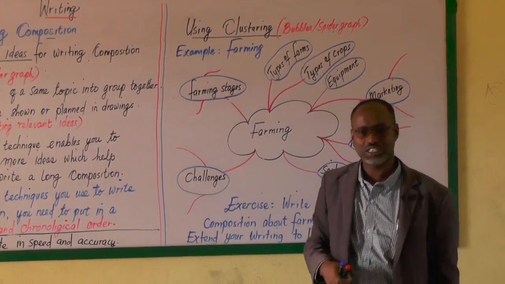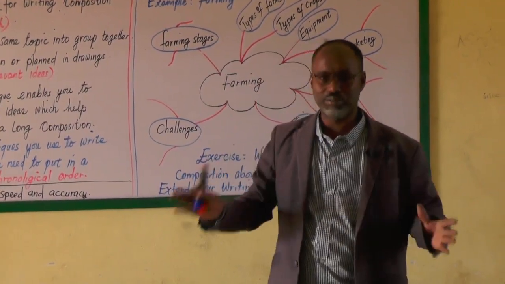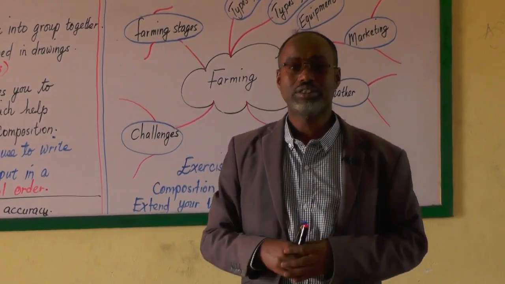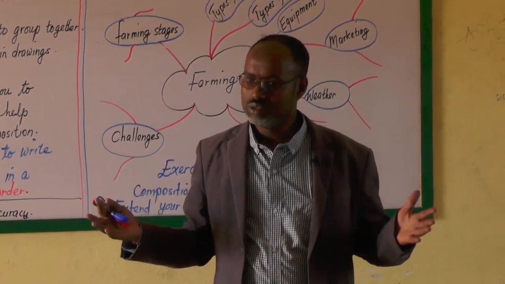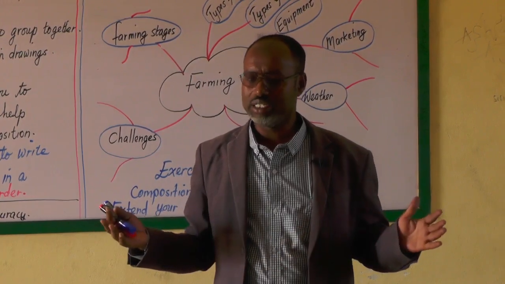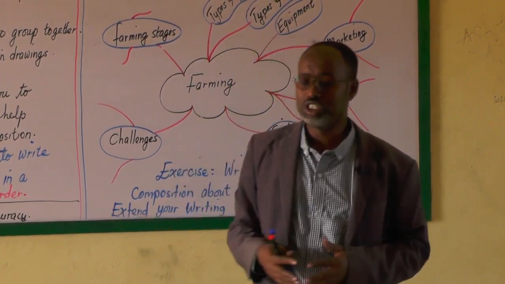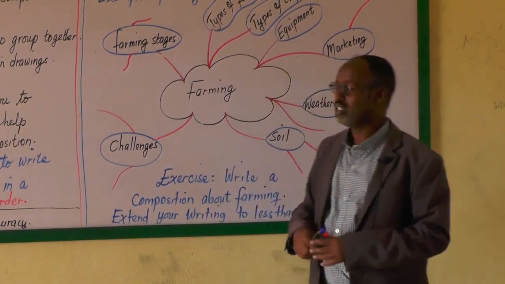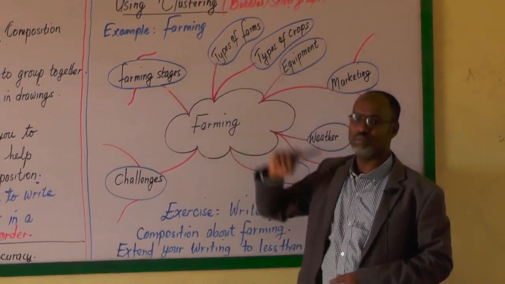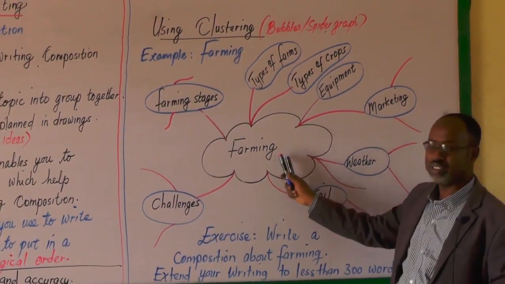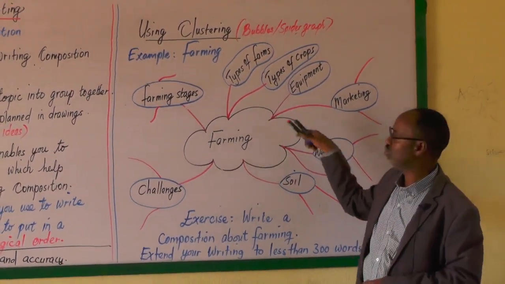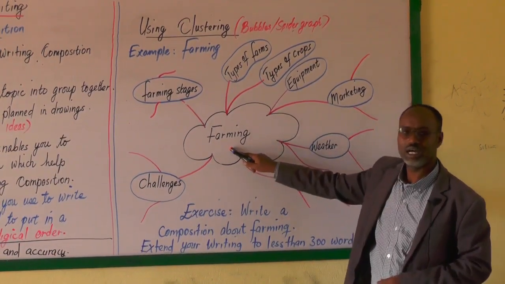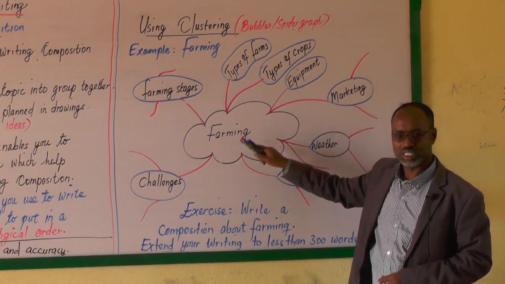For example, if you are asked to write a composition about farming, which is very common in this area, you can get prepared for this composition by using these techniques. Here we have one example, farming. Here I have drawn some graphics. Farming, have a look, I put it in the center.